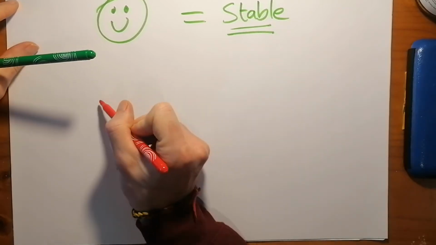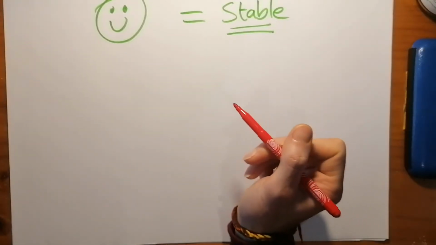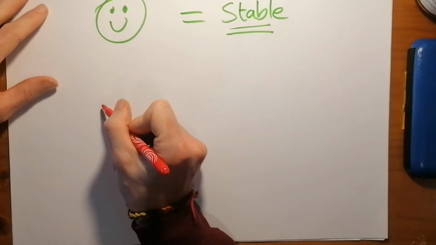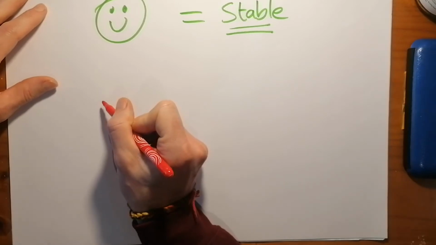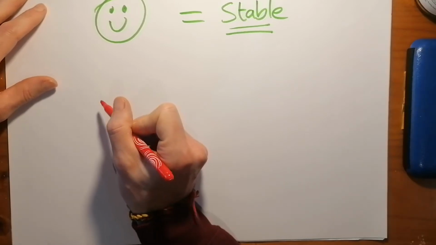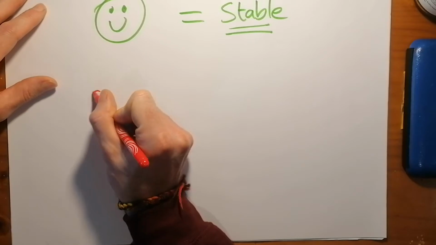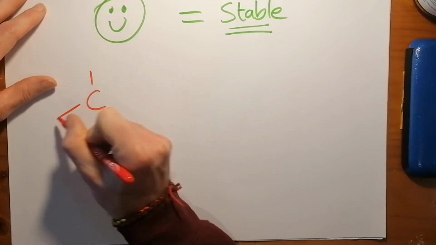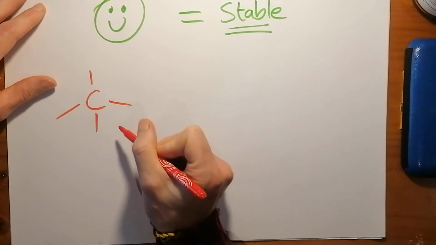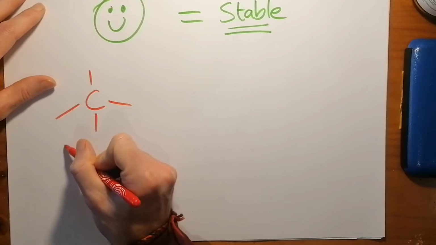And what we mean by stable in terms of these carbon, hydrogen, and oxygen atoms is that carbon, if it's going to be stable or happy, is going to have 4 bonds.